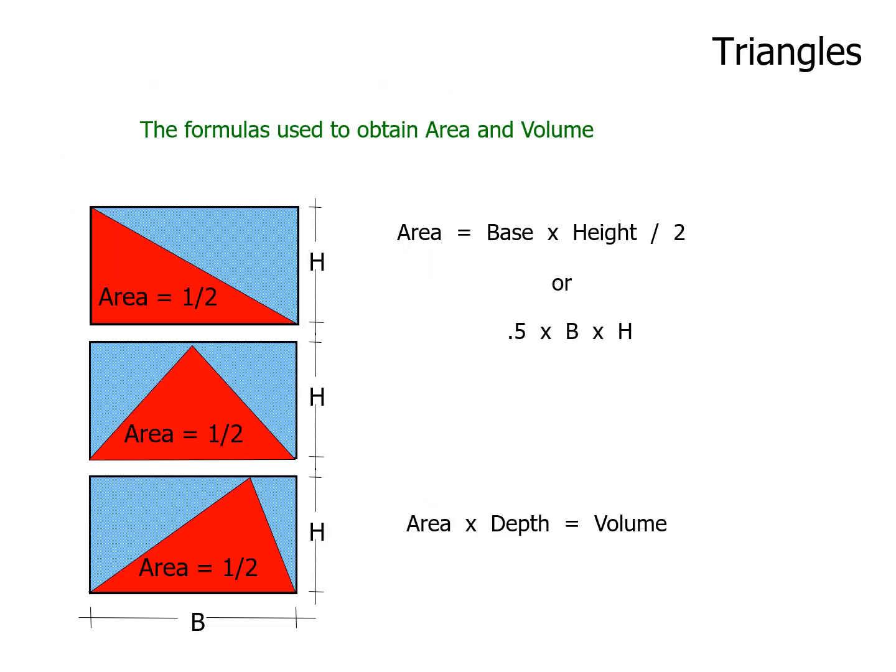All right, now this one is for triangles. Now the formula used to obtain area and volume. So area is base times the height divided in half, or 0.5 times the base times the height. Now remember, just a very quick lesson here, reciprocal numbers.